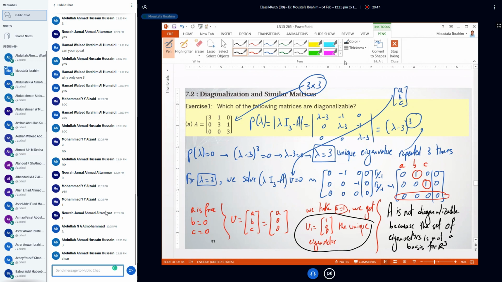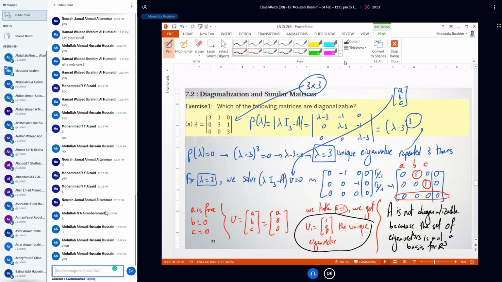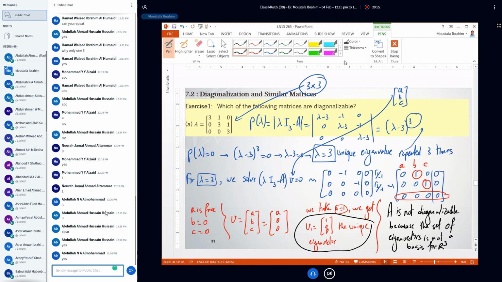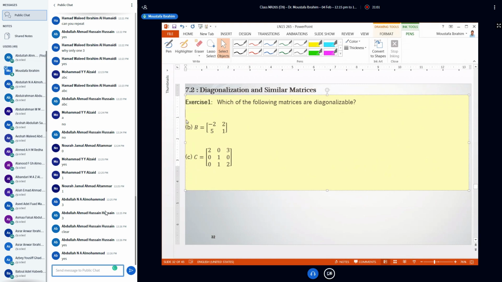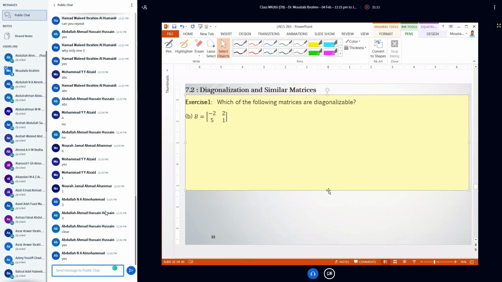Okay. Let's see the second matrix, B. So here it's the same.